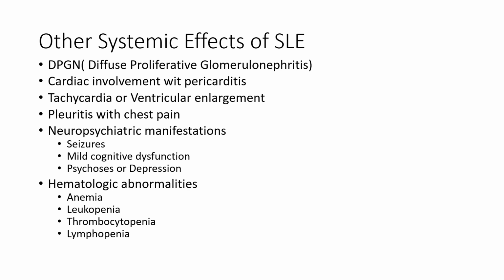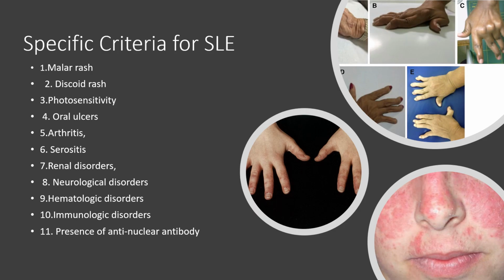So we have the following: malar rash, discoid rash, photosensitivity, oral ulcers, arthritis, serositis, renal disorders, neurological disorders, hematologic disorders, immunologic disorders, and presence of anti-nuclear antibodies. Now, within the category of immunologic disorders are your antibodies to double-stranded DNA, to Smith antigen, and to phospholipid.